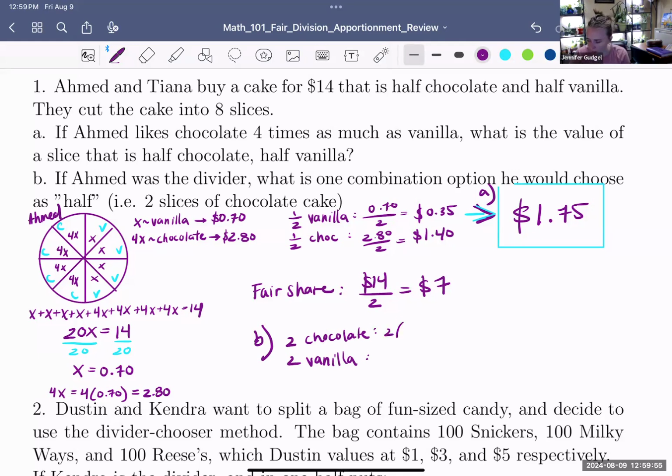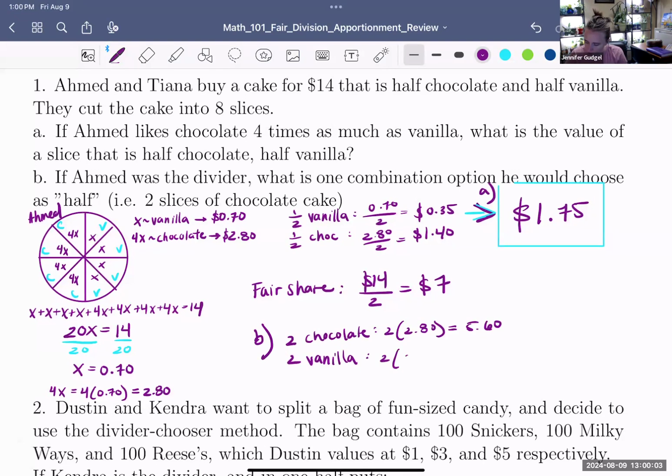But let's check it real quick. 2 of the 280s is worth $5.60. And 2 of the 70 cents is worth $1.40. And if I add those together, I have $7 even.